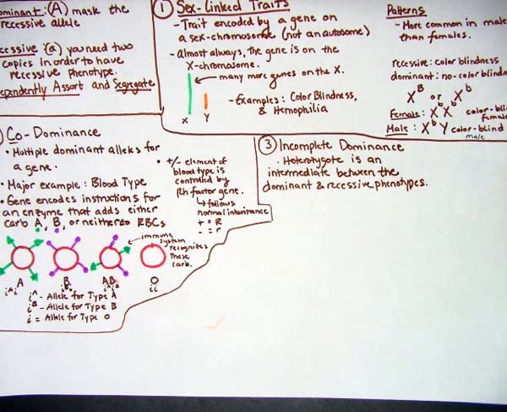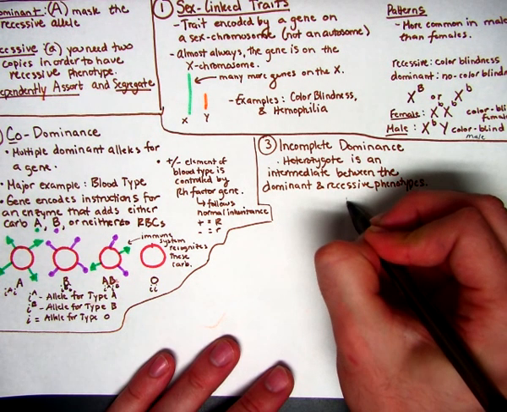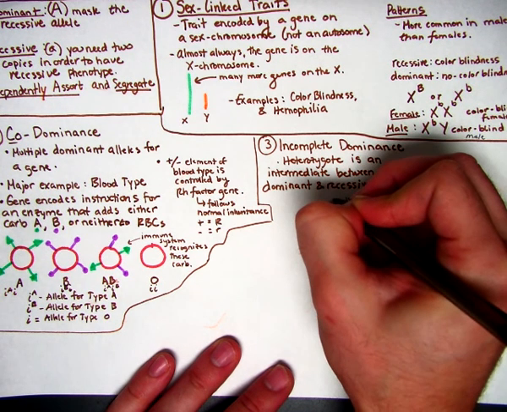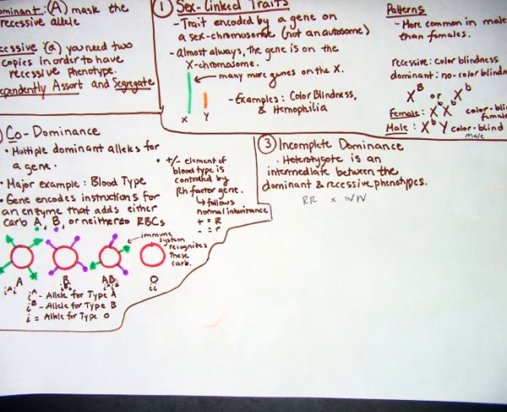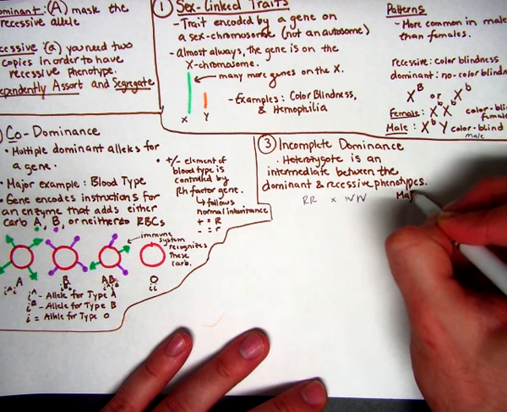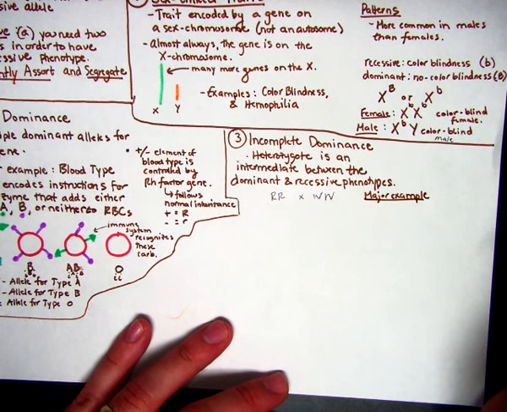Right? And the classic example here is that if you cross two of these true breeding flowers, as they're called, a major example here is these snapdragon flowers.